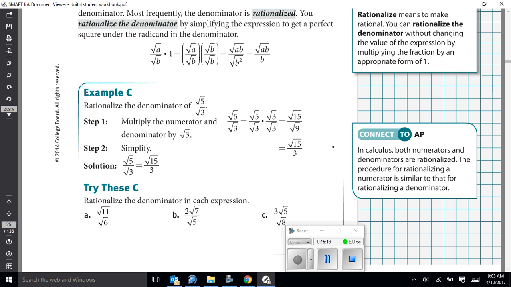So square root of 3 times square root of 3 is square root of 9. And square root of 5 times square root of 3 is square root of 15. The square root of 9 is 3. And the square root of 15, we're just going to let that be. So now we have the square root of 15 divided by 3. So now we know that top value, we're grouping it into thirds, and so it's easier to estimate.